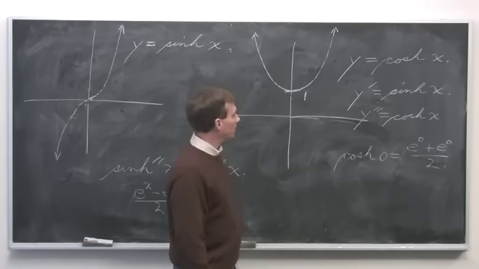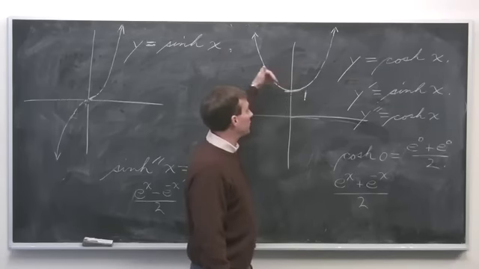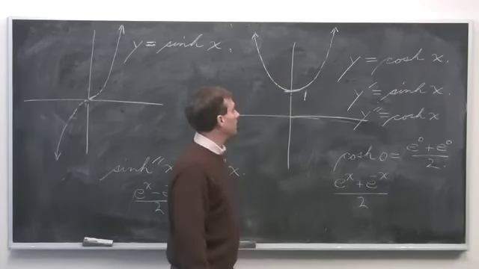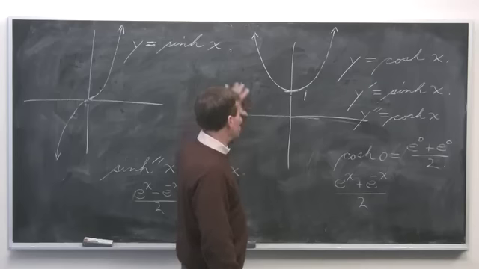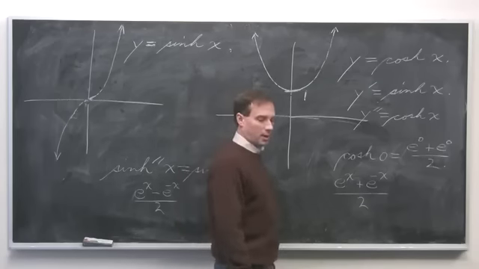Once again, how do you know that as x goes to infinity, hyperbolic cosine goes to infinity? Because as x goes to infinity, this goes to infinity, this goes to 0, infinity plus 0 over 2 goes to infinity, and then by symmetry, you can get that as x goes to negative infinity, hyperbolic cosine goes to infinity. So the graphs do look like this.